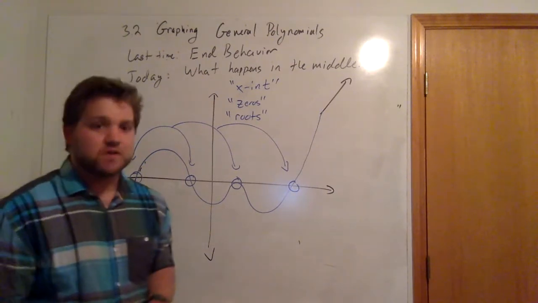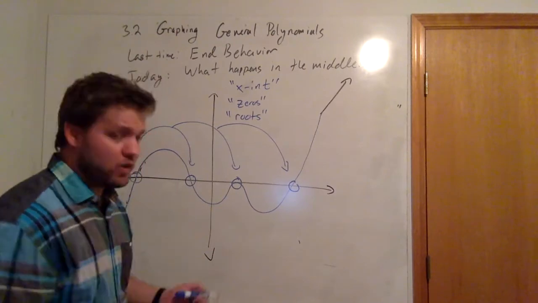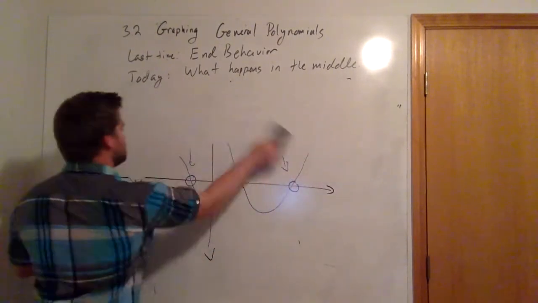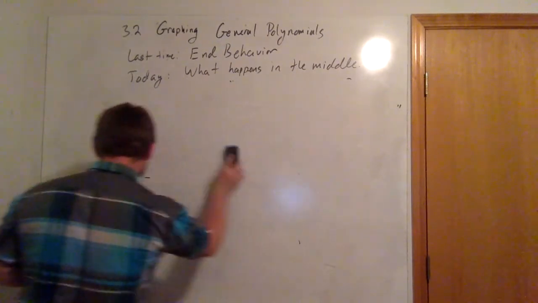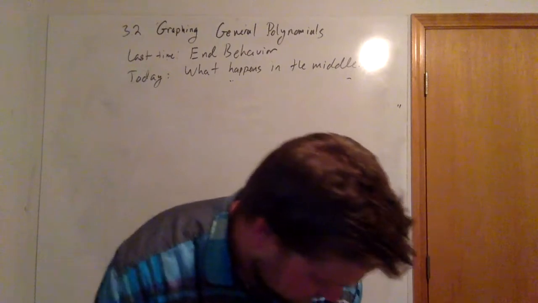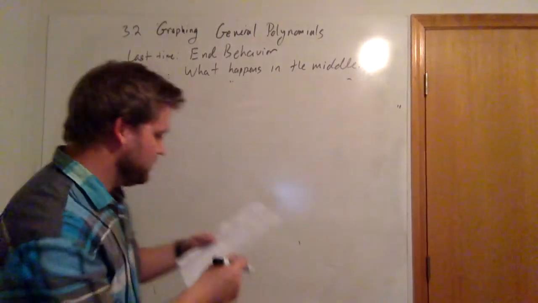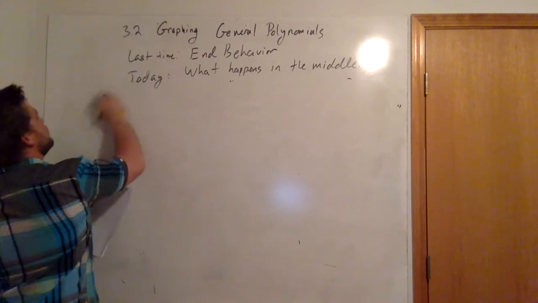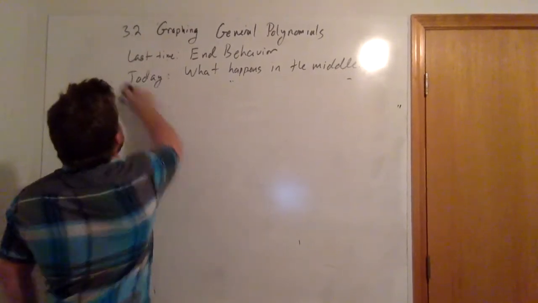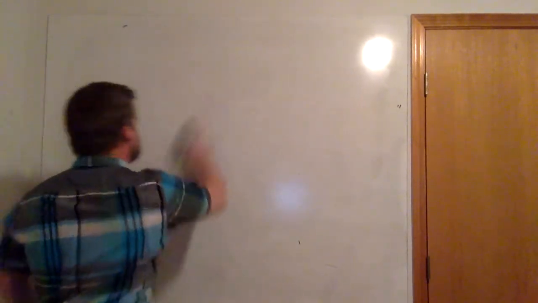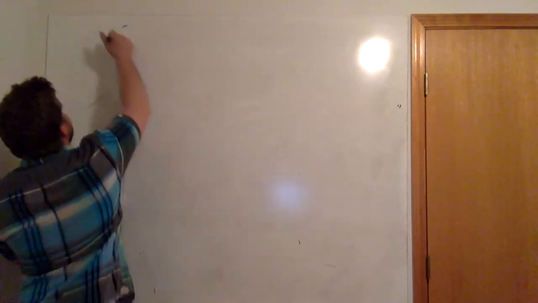Okay, so let's do some examples of graphing a whole polynomial, putting all the pieces together. So here's our first example.